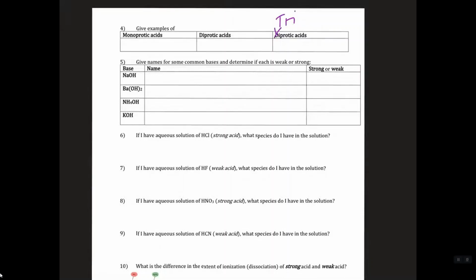And triprotic is acid that can release three protons. So for example, HBr is going to be monoprotic. H2CO3 is a diprotic, and H3PO4, that would be a triprotic because of the number of hydrogens that it has, and it is directly proportional to how many protons are going to be released or can be released.